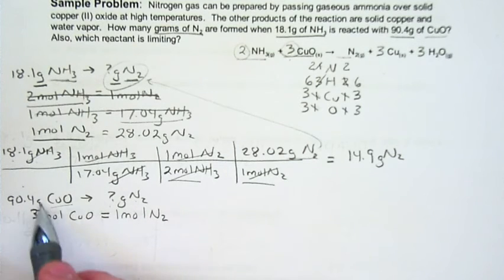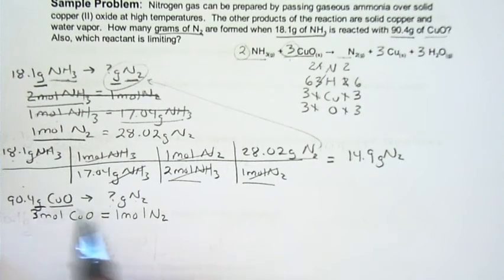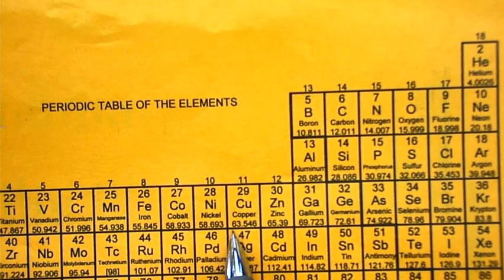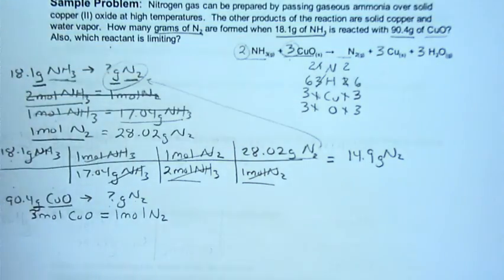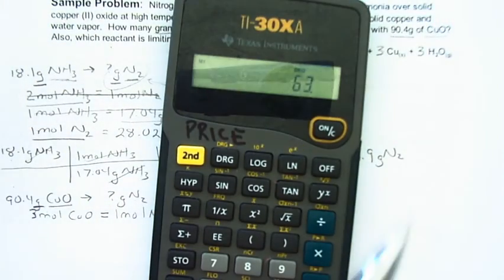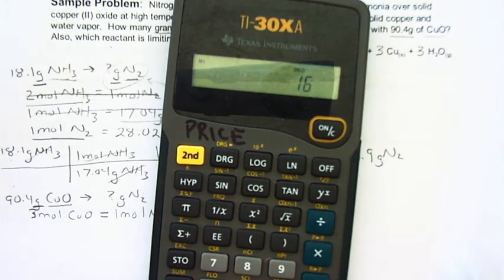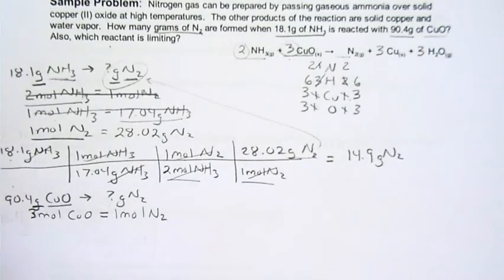I need, since this is grams here, I need the molar mass of copper oxide. Copper 2 oxide, copper is 63.55. Oxygen is 16. So 63.55 plus 16 equals 79.55.